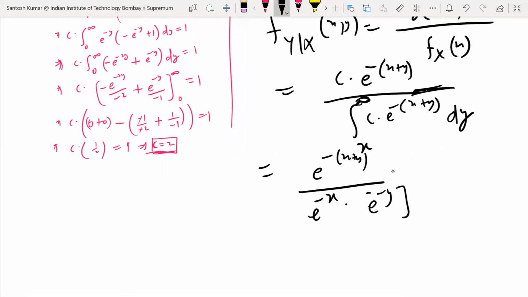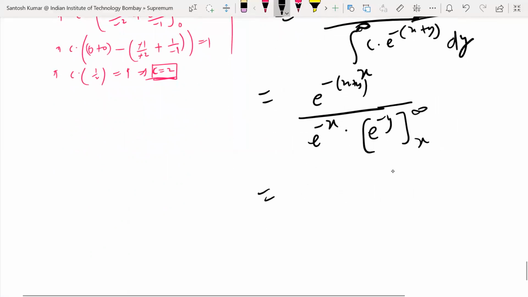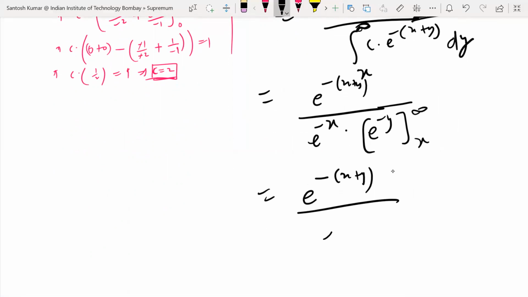Then e raised to the power minus y, with limit from x to infinity, so integration of e to the power minus y is e to the power minus y upon minus 1. So it is 0 minus e to the power minus x. After simplification, e to the power minus x upon e to the power minus x, because the 1 will get cancelled.